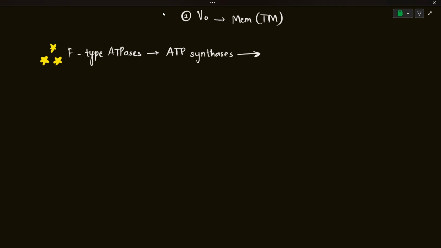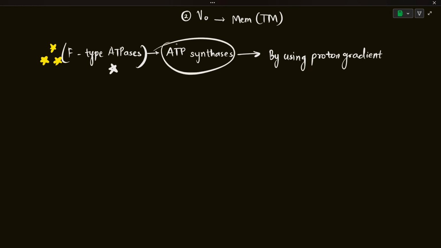They are actually synthesizing ATP by using the proton gradient, the proton gradient which was set by the proton pumps. So proton pumps are setting up the proton gradient, and now this same proton gradient could be used so that ATP could be synthesized. Even though we call them F-type ATPases, they are the ones which are going to synthesize ATP, and that's why the other name is ATP synthase.